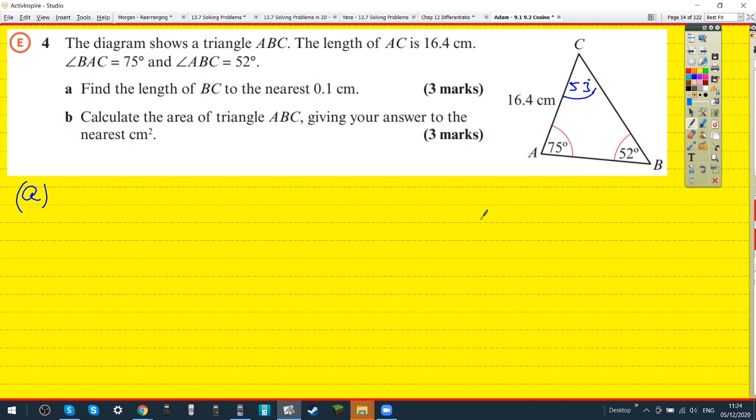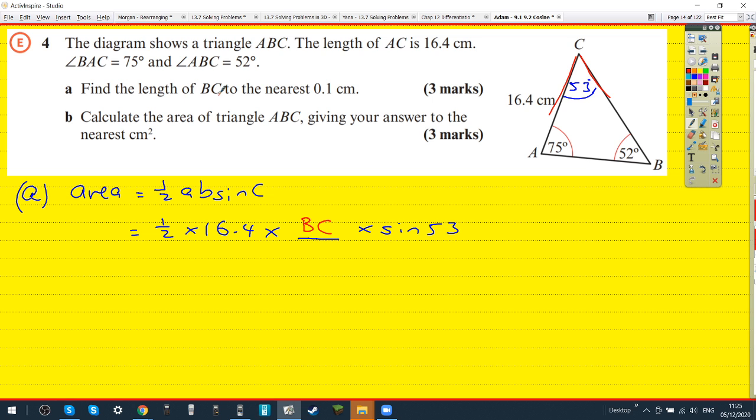For the area formula: a half times 16.4 times some side times sine 53. We've got 2 sides, AB and BC. Which one? Is it BC? Yes, because those are the 2 sides that make the angle 53. That's all we needed.